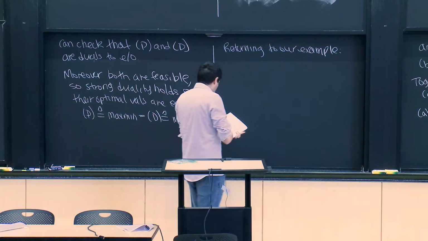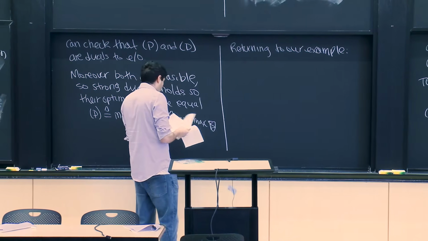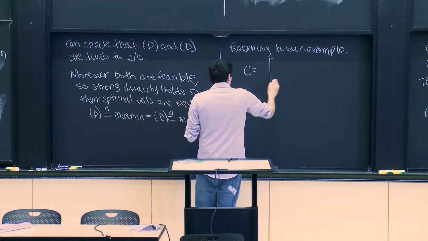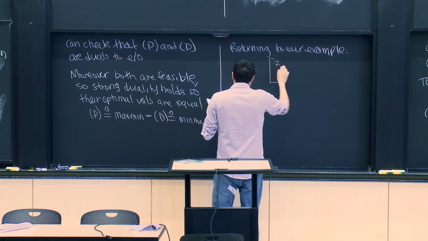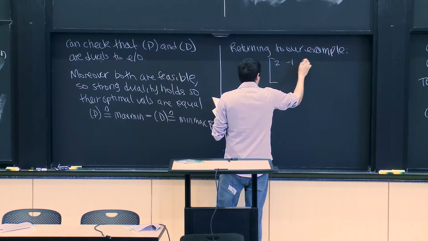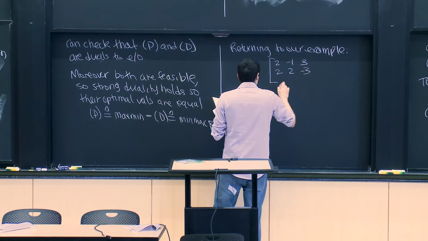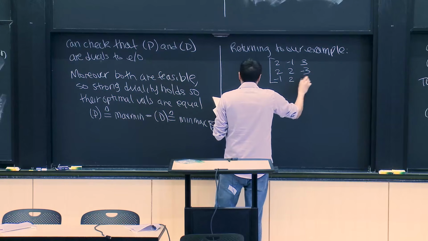So when I wrote down that C matrix, let's just write it down one more time. I had this payoff matrix C that was 3 by 3: 2, minus 1, 3; 2, 2, minus 3; minus 1, 2, minus 3.